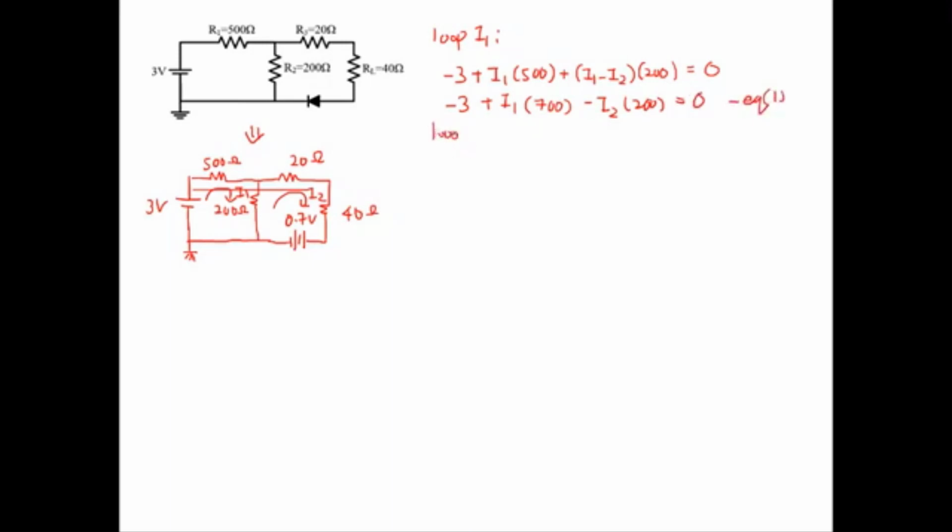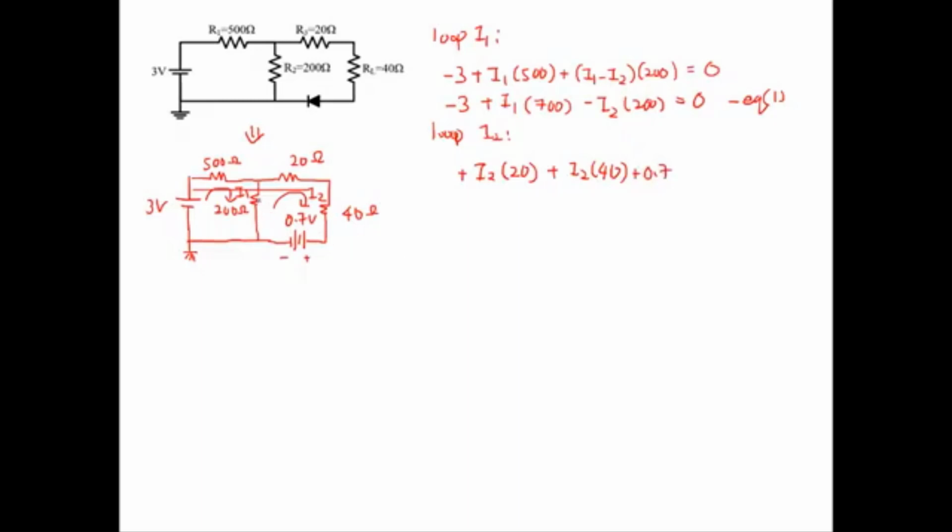For the loop I2, let's say you start here. This is positive I2 times 20, and then you have positive I2 times 40. Now this is the clockwise direction, and then this is a DC source, and this is the positive terminal. So this is entering the positive, so this is positive 0.7.